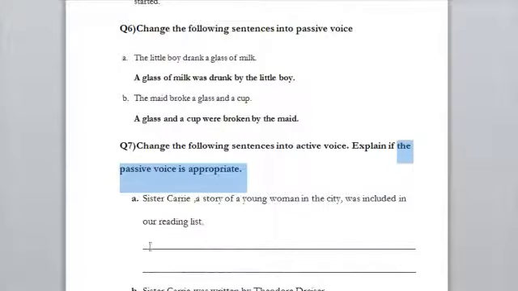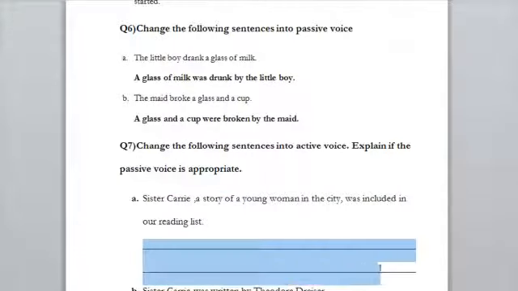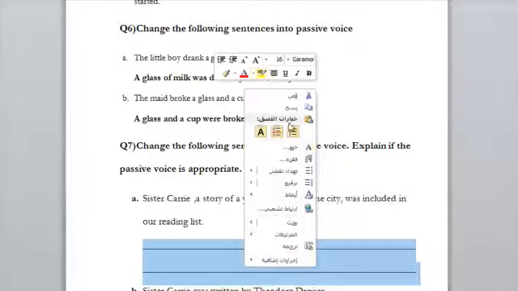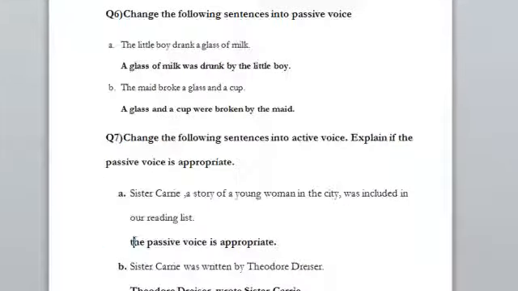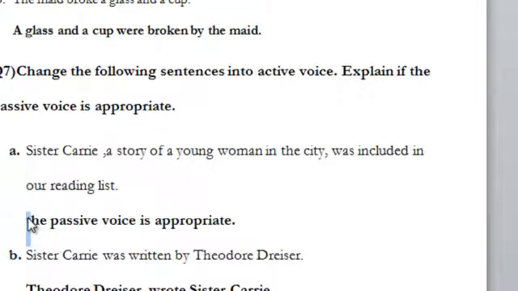Okay, so here is my answer. What shall I say? That the passive voice is appropriate.